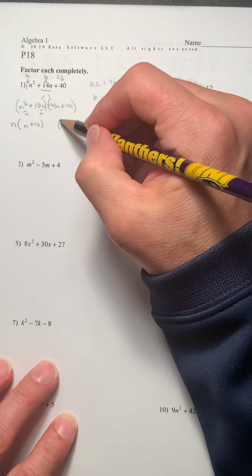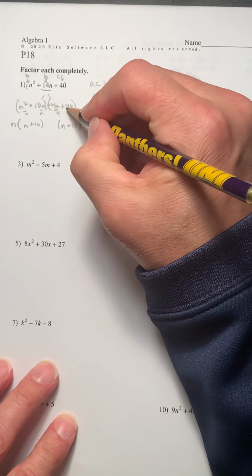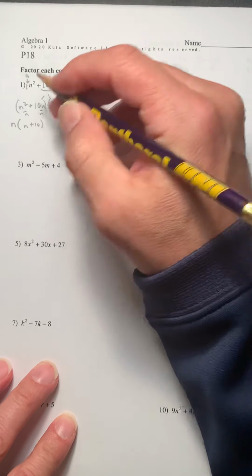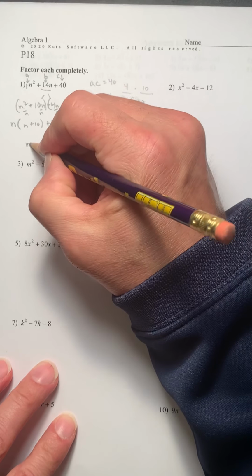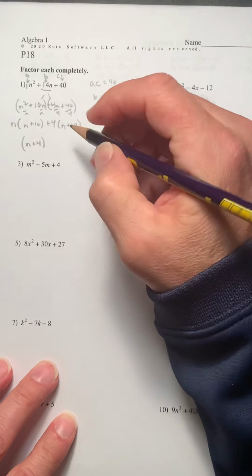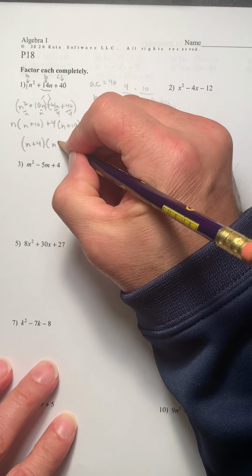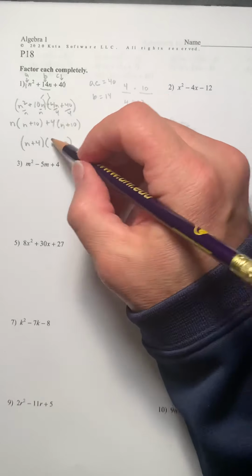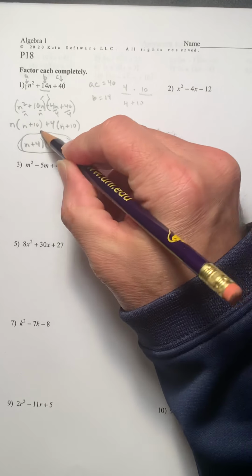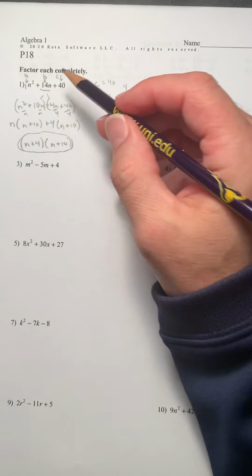Which means I need to take out a 4 out of the 4n to get to the n. And so we're taking out a 4. Then we put our front terms together, n plus 4, followed by the common binomial after each term. And there's our answer. We have now factored n squared plus 14n plus 40.